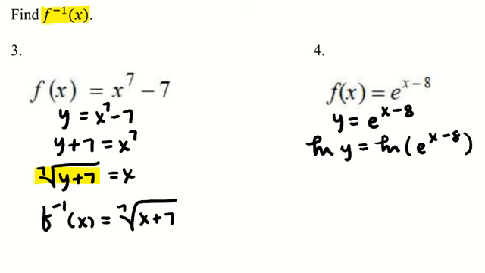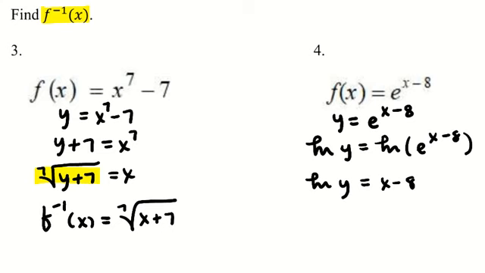And we know that the natural log of e to some power is just that power. It's like saying, what exponent do I put on e to get e to the x minus 8? Well, I put the x minus 8 exponent on e to get e to the x minus 8.